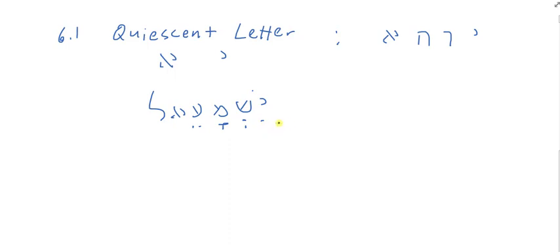What did we learn about Hebrew words when it comes to what every consonant's supposed to have in a Hebrew word? Yes, every consonant must have with it either a vowel or a shavah symbol. Now, how many consonant symbols do you see in the word Ishmael?